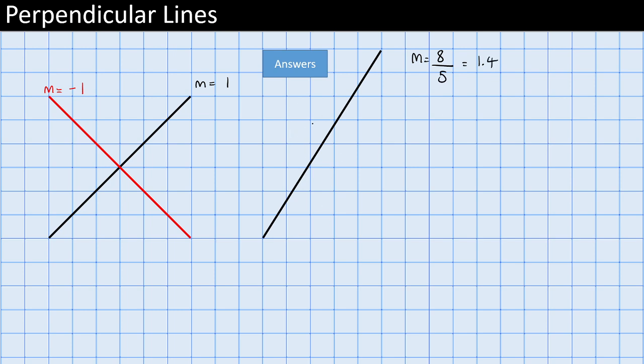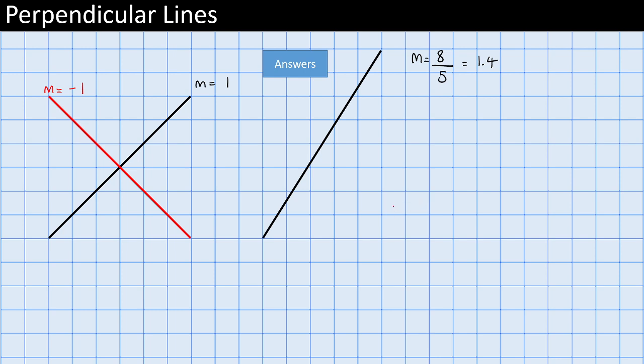A line that would be perpendicular to this wouldn't have a gradient of -1.4, because if it did, it would come down a bit like this. Although it forms a nice X shape, it's not perpendicular. That's an acute angle there. It's slightly more than that.